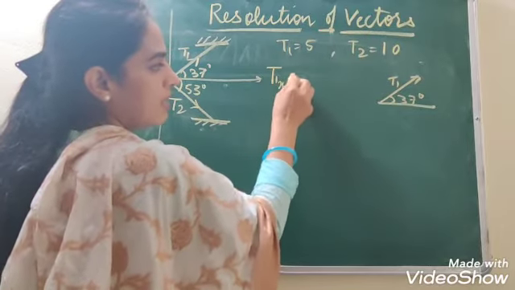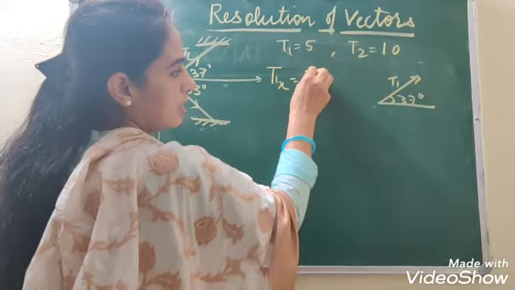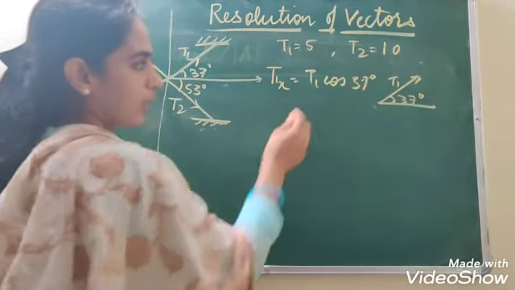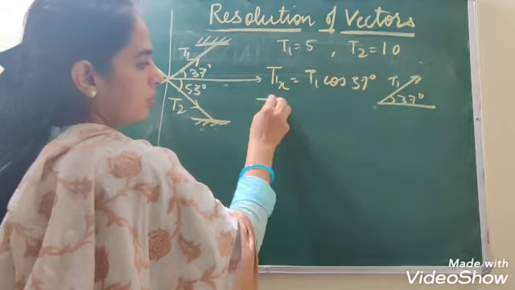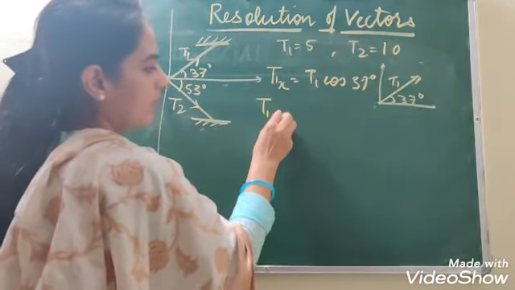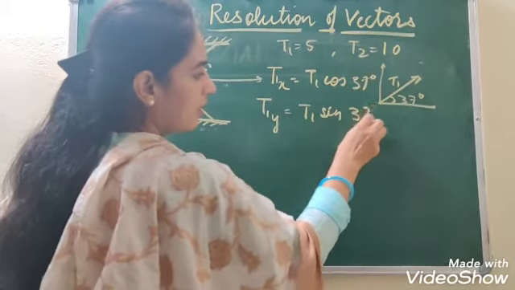T1 in the x direction is T1 cos 37 degree. And T1 in the y direction, the perpendicular, will be T1 sine 37 degree.